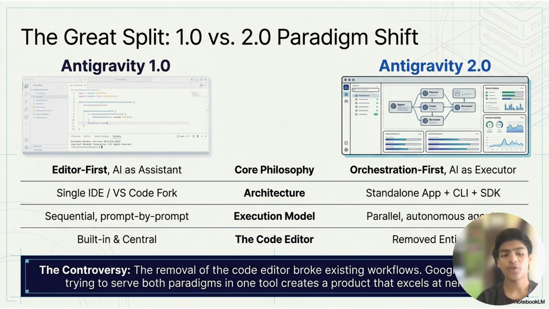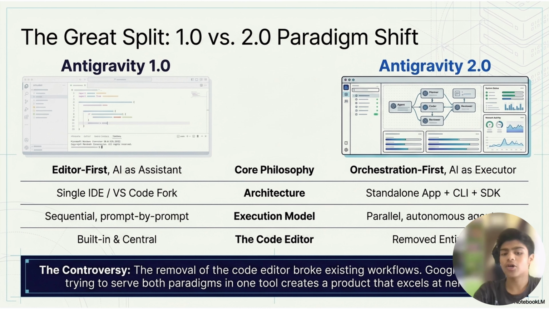On core philosophy, Antigravity 1.0 was editor-first, working as an assistant, while Antigravity 2.0 is orchestration-first, with AI as an executor. So AI will execute all the things.